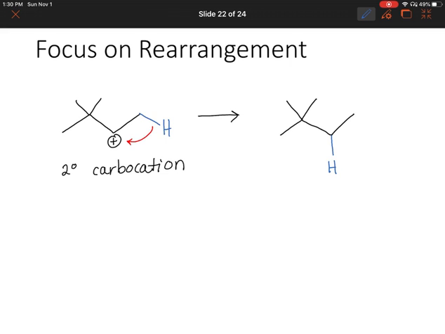However, that hydrogen left the primary carbon on the end, so that's going to leave a positive charge on the primary carbon. So that becomes a primary carbocation, and that is less stable than a secondary carbocation.